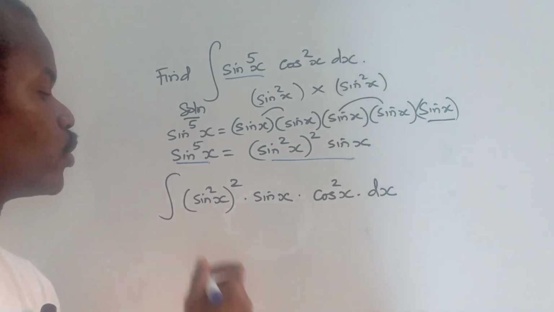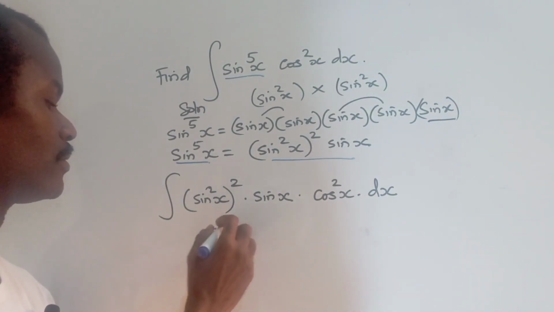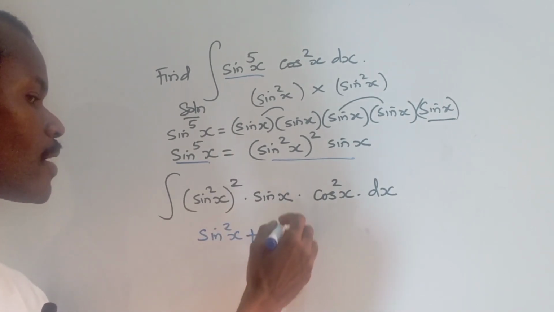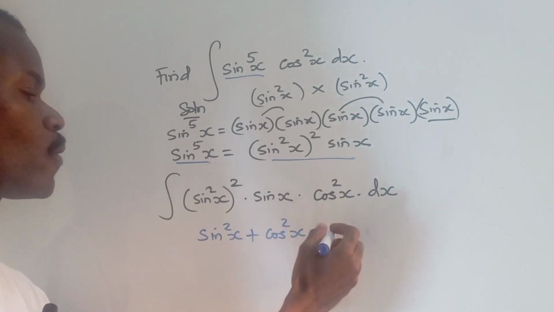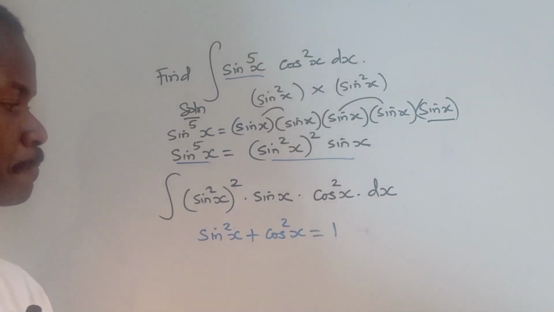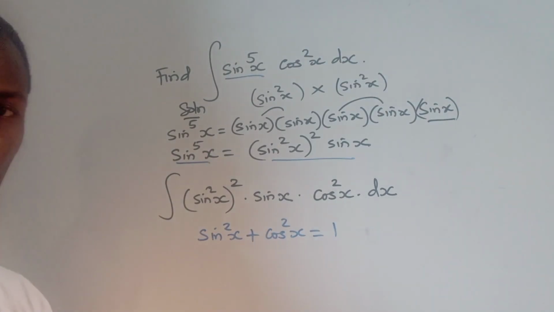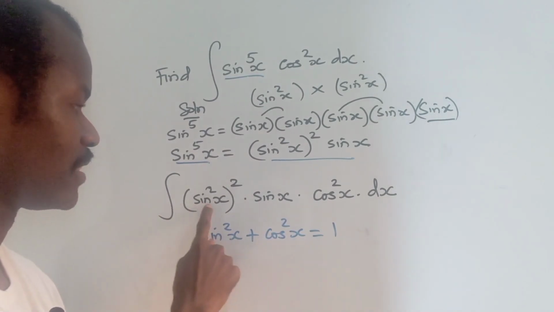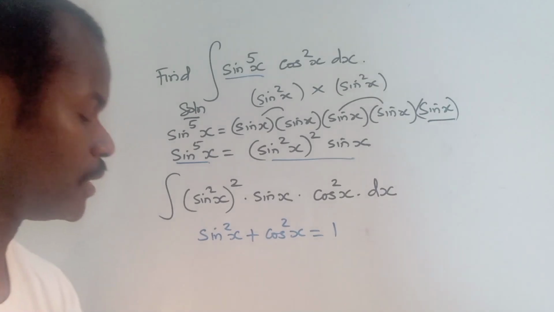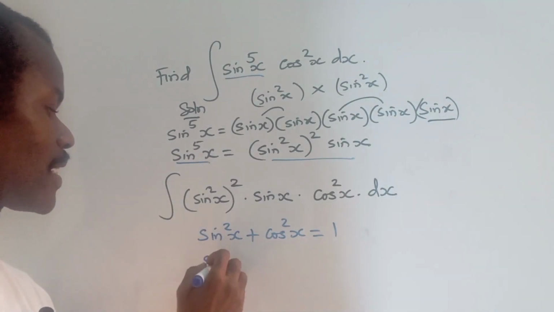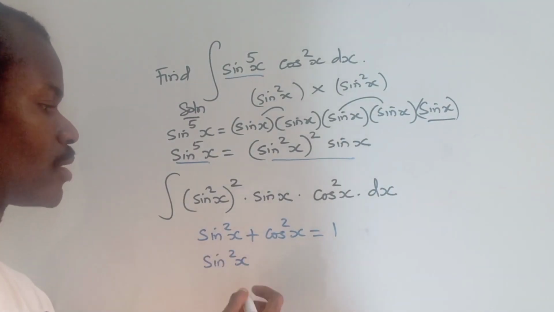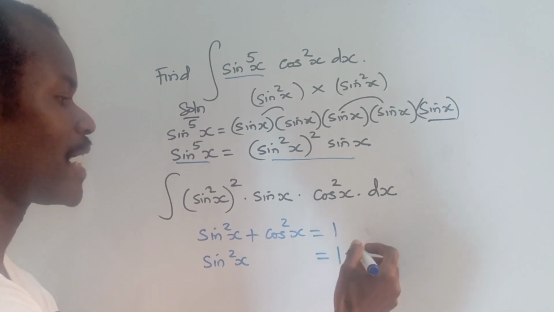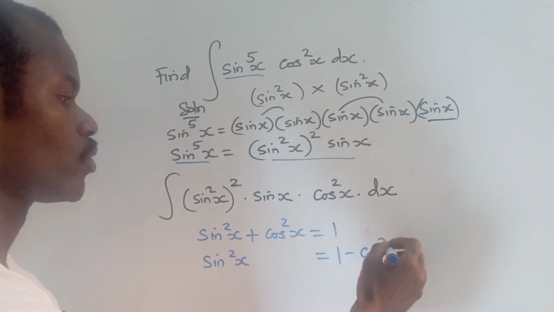Now the next thing you want to recall is sine squared x plus cos squared x equals 1. So from this, you want to make sine squared x, which is inside this bracket, the subject. If I make sine squared x the subject, it means we have 1, all this is going to come over, so it's minus cos squared x.